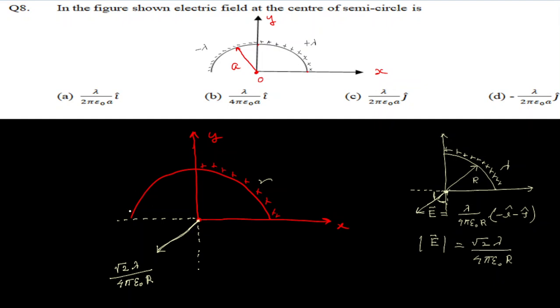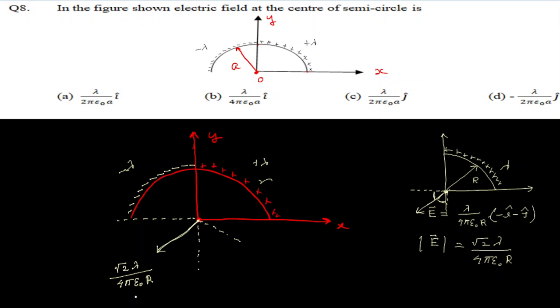And then what will be the electric field because of the second part? The second part has a uniform linear charge density, and it's minus lambda. From this figure we can see that if positive charge creates an electric field along this direction, then on the second part a positive charge would give an electric field along this direction. But in this case, on the second part we actually have negative charge density.